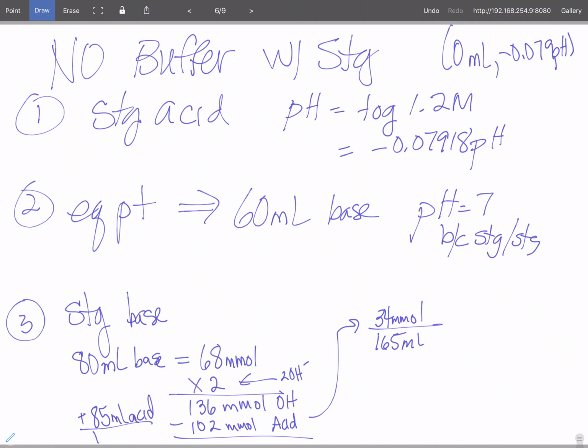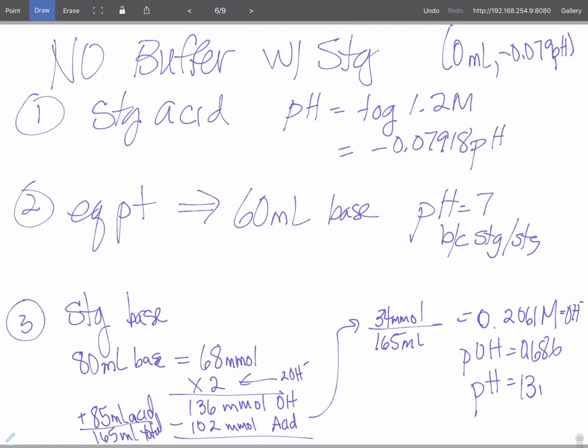So the total is 165 milliliters total, which gives us a concentration of 0.2061 molar. But this, remember, is hydroxide. So the pOH is equal to 0.686. So my pH is equal to 13.31. So on this point, we're dealing with 80 milliliters and 13.31 pH.